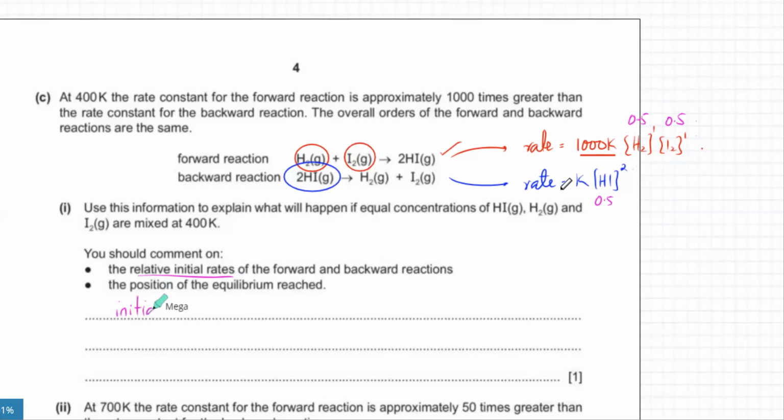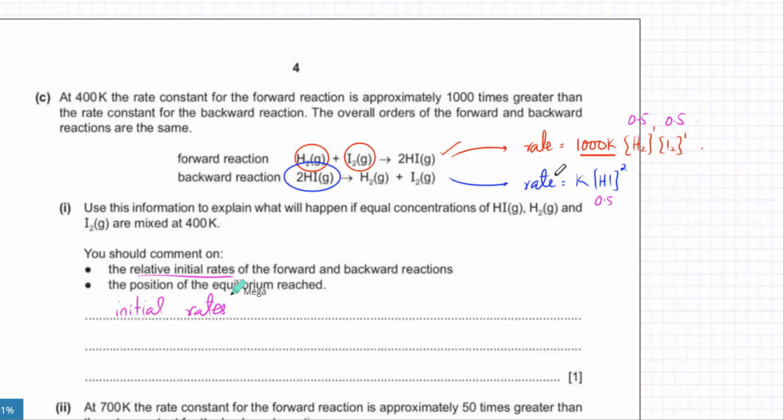So anyone, any idea? Just a second. See, Bhaskar, that's right. Forward would be faster because the k value is 1000 times bigger. If you solve this, it's going to be 0.5 squared into 1000k over here, and over here it's going to be 0.5 squared into just k.